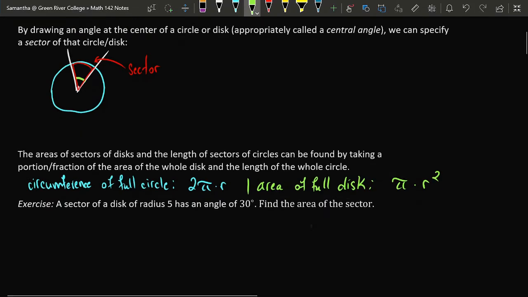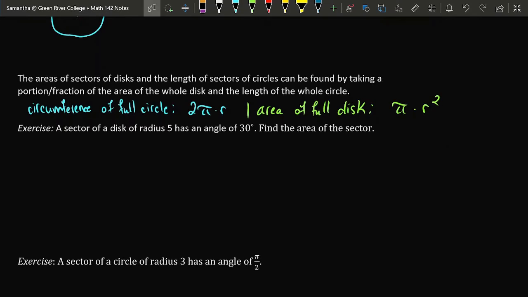Now someone says, okay, I don't want the area of a full circle. I only want the area of a pizza slice, a sector of a circle. The circle has a radius of 5, but I'm only interested in the sector corresponding to a central angle of 30 degrees.